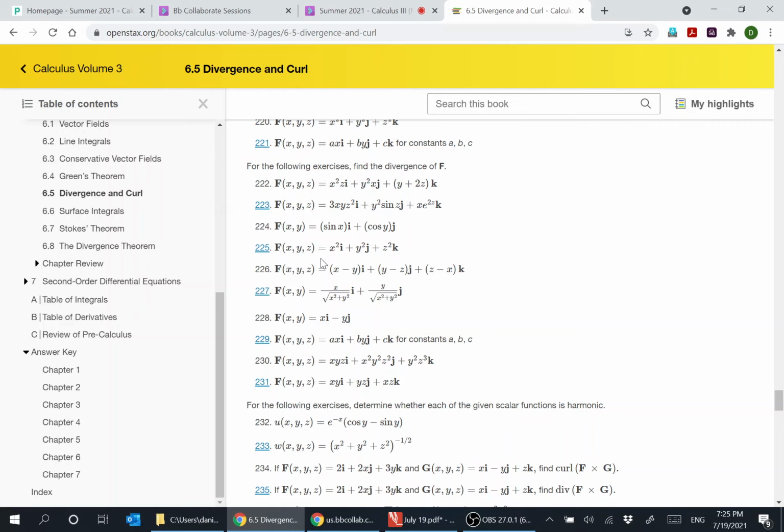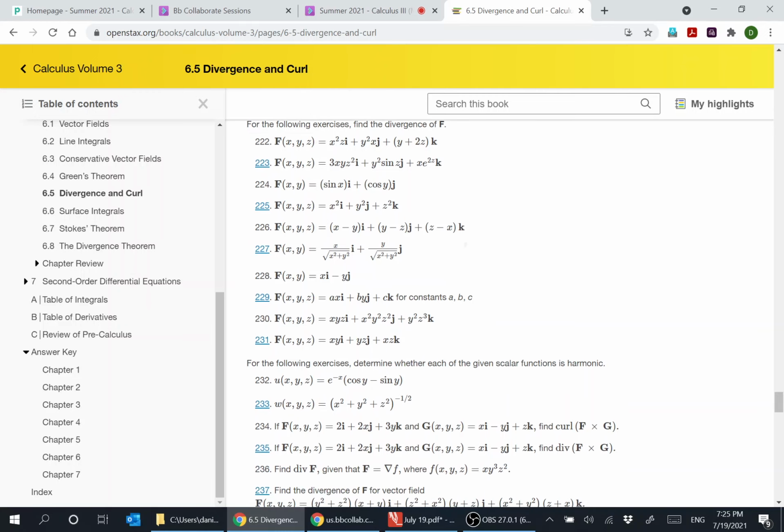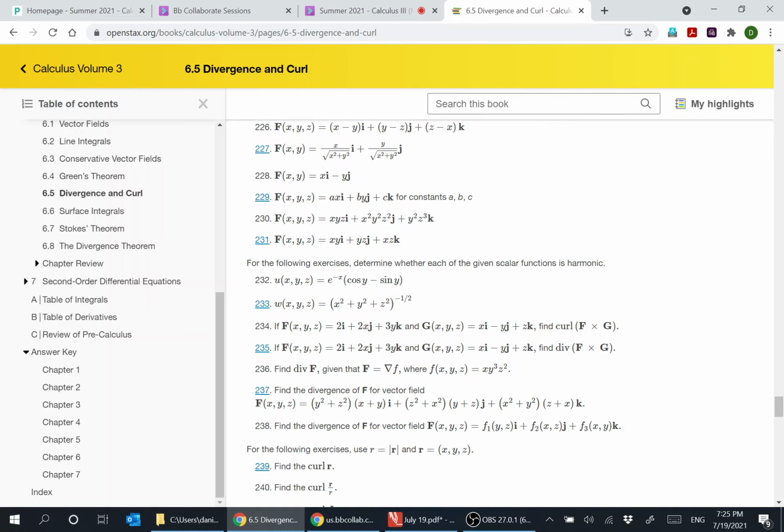So are there any exercises that deal with that? That was number 227, 232, 242. 232, we don't need to do that.